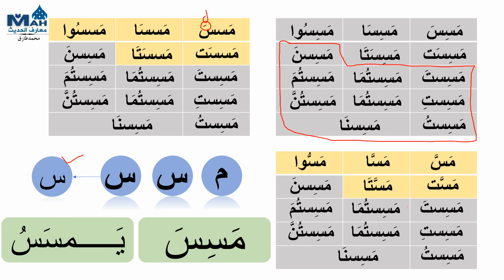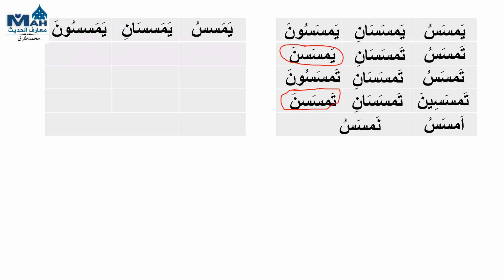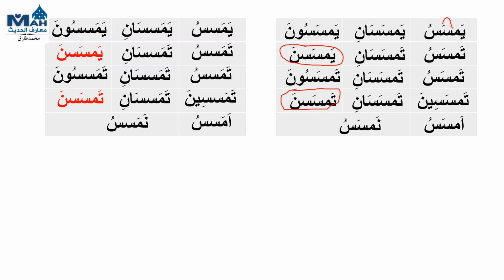Very good. It means to touch. Now mudare. In mudare, we already know that there is no change in muannas, jam'u, ghaib and hadir. So we'll apply direct. This vowel will revert back to the previous one and we make the ain kalima empty or vacant.